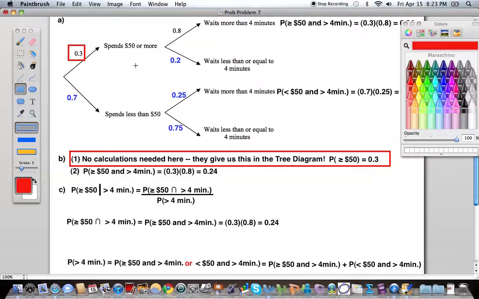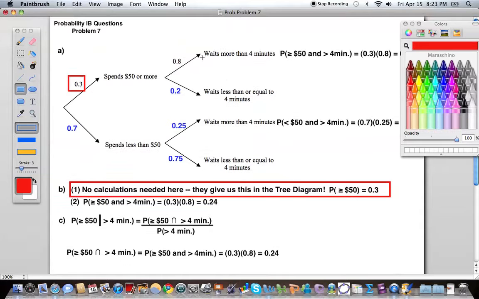In B part 2, it says calculate the probability that the customer waits for more than 4 minutes and spends $50 or more. Well, we're looking for someone who waited more than 4 minutes. We see that here, and we see that here. We're also looking for a customer that spent $50 or more. Well, we can't go down here because they spent less than $50.